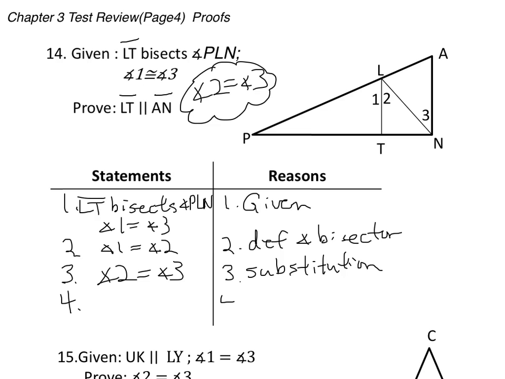And then the fourth step, since we showed what's in our thinking cloud, we showed that 2 equals 3, we know that LT is parallel to AN, and the reason is because if alternate interior angles are equal, the lines are parallel. And you're done.